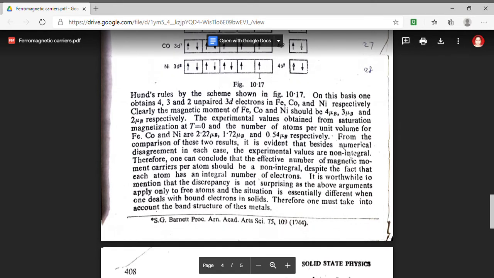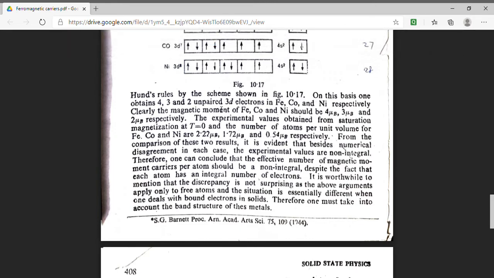So as each electron contributes 1 mu b, the magnetic moment of iron will be 4 mu b, cobalt 3 mu b and nickel 2 mu b. This should be the magnetic moment if we calculate it according to Hund rule from the number of unpaired electrons.